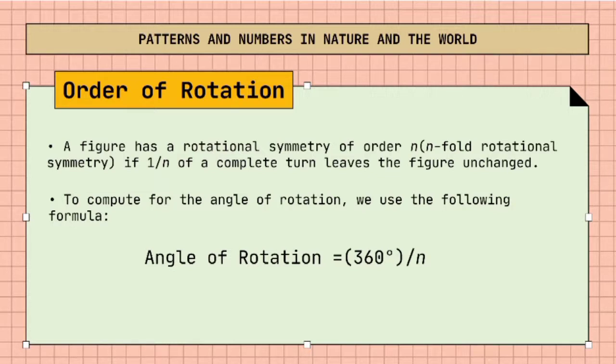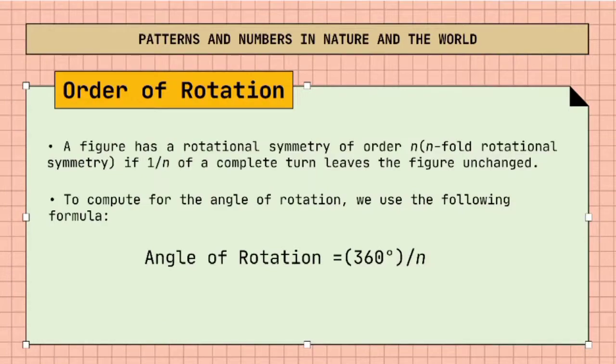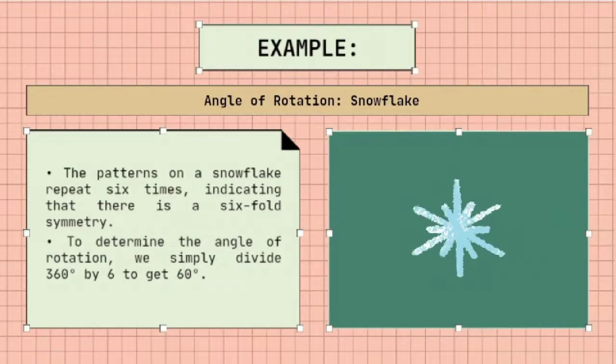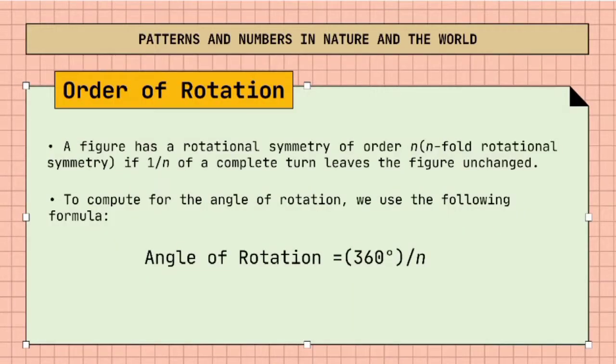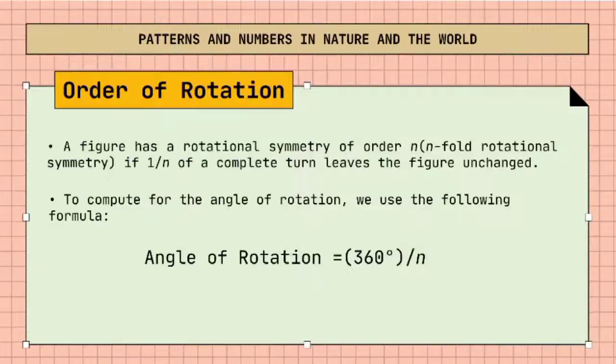Yung n is yung fold rotational symmetry, which is kung ilang number of folds meron ang isang figure. For example, sa starfish, merong 5. So if we divide 360 over 5, yun ang angle of rotation.